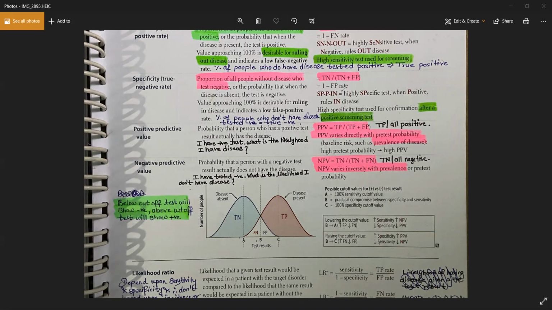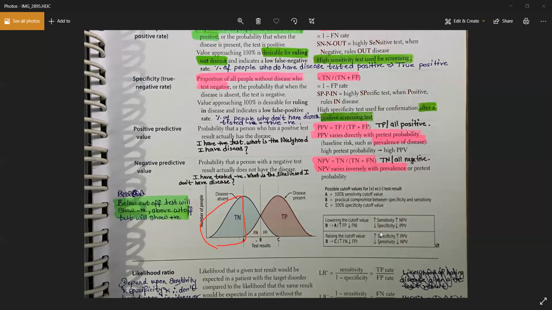And at the same time, for my negative predictive value, which means the chance that I'm actually negative, if I decrease a cutoff value and my test is negative, then there is a very high chance that I'm actually negative for the disease, because it includes every individual without the disease but does not include any individual with the disease. So if I decrease the cutoff value, my negative predictive value will increase.